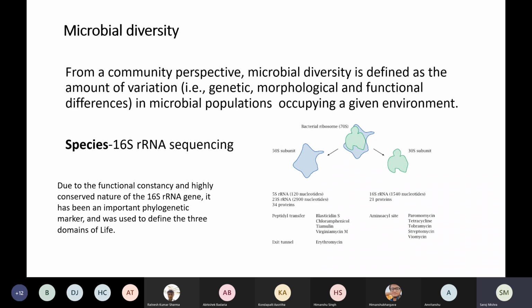But if you amplify the 16S ribosomal RNA and sequence it, you are able to figure out exactly which genus and which species it is. So it allows you to make a point on microbial diversity. Is that clear? Yes, ma'am. Okay, let's quickly move.